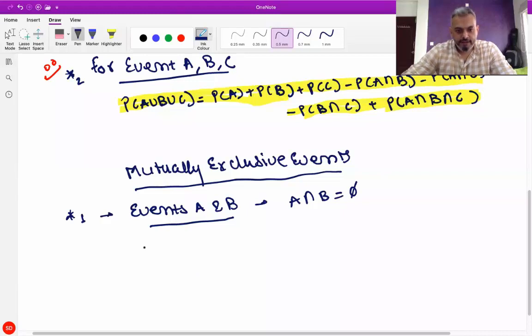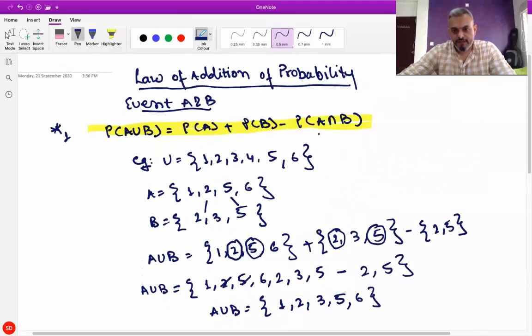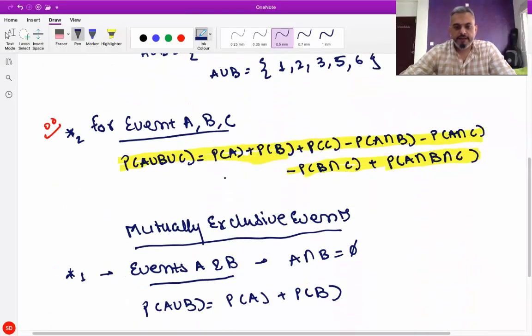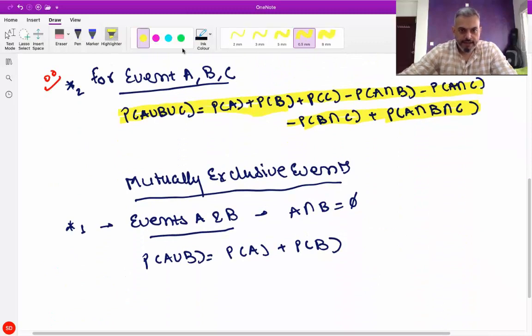So in that case, probability of A union B is equal to probability of A plus probability of B. That's it. Because over here, A intersection B is null, so it will not come. It's only P of A plus P of B. Now, let me highlight this.